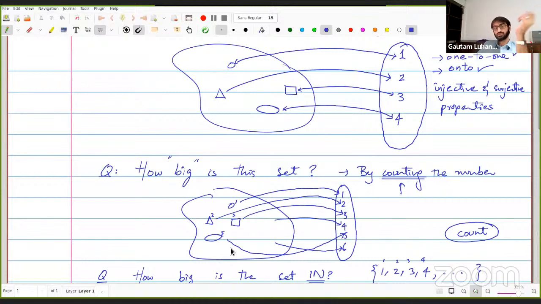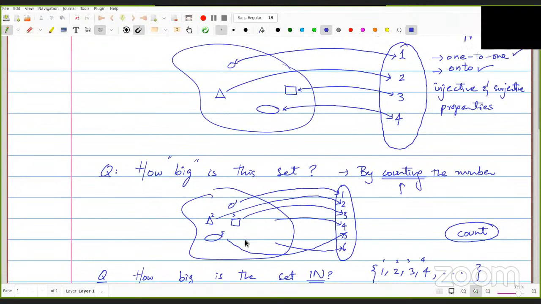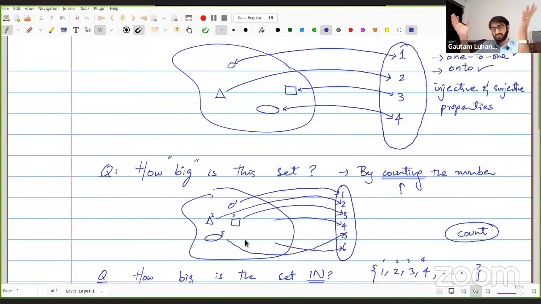That's what our intuition tells us, and it's quite obvious that if you take a finite set and remove a few elements from it, you get a smaller set. So the cardinality is lower than the previous set that you had.